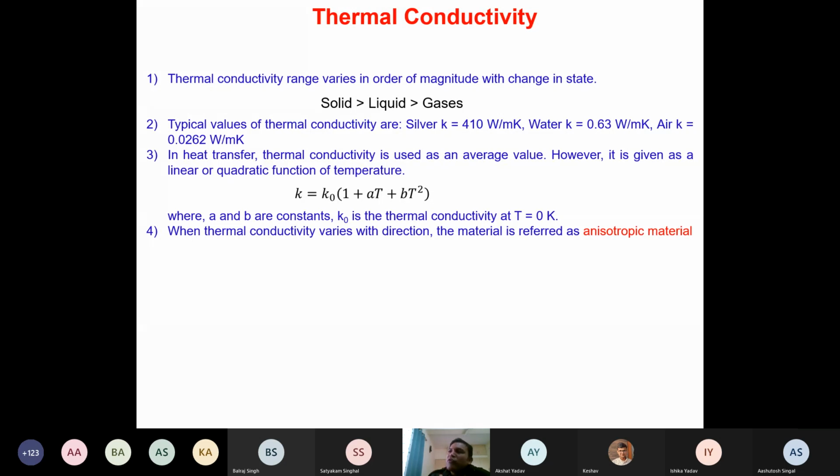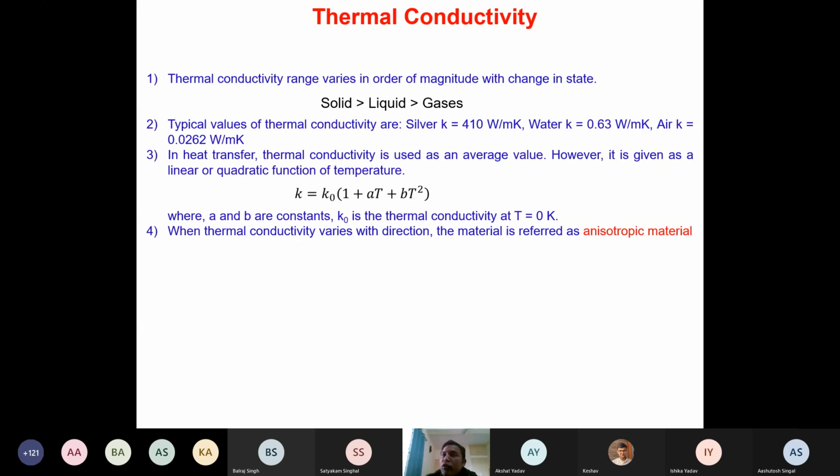Again, so far we have seen that the thermal conductivity is constant, and in general an average value of the thermal conductivity is used, but thermal conductivity is also a linear or a quadratic function of temperature. So K is given as K naught (1 + AT + BT²). This equation is very important.